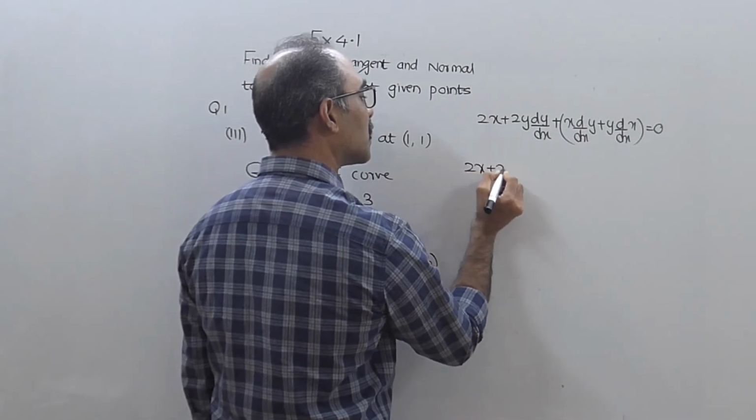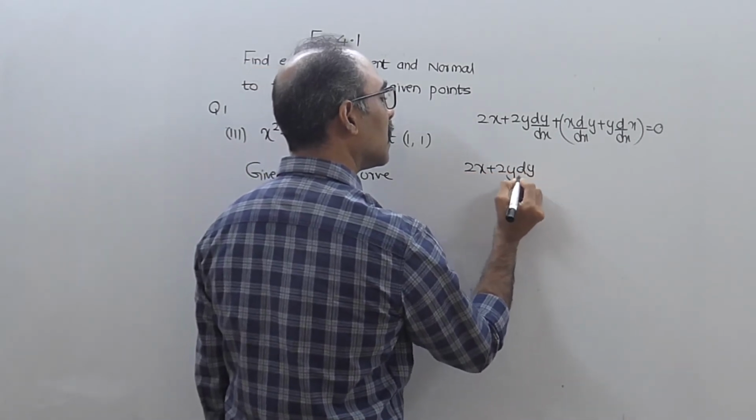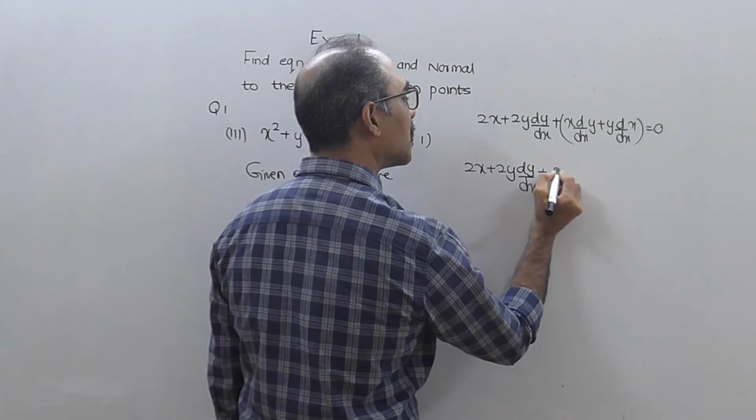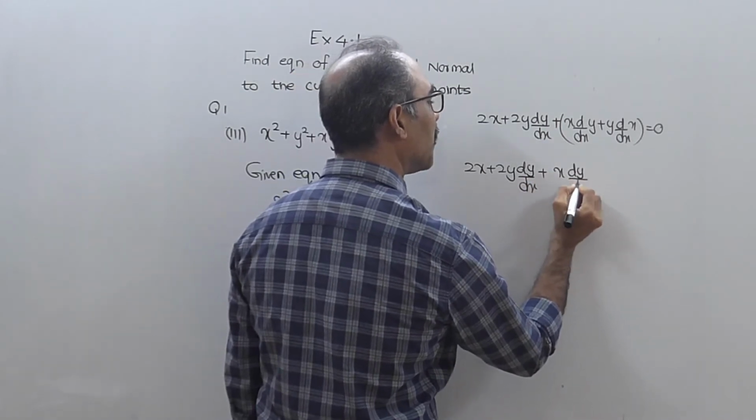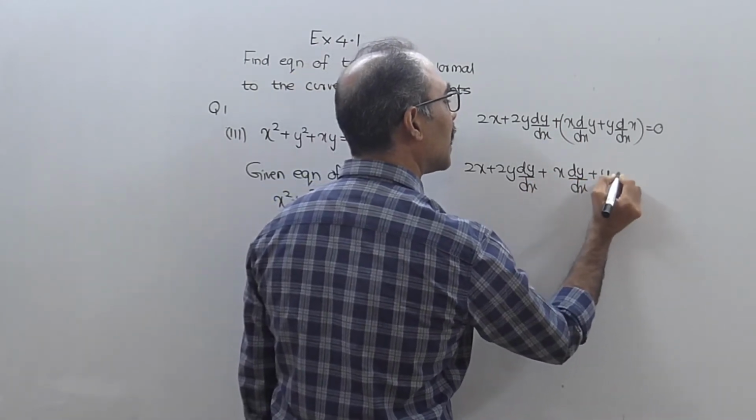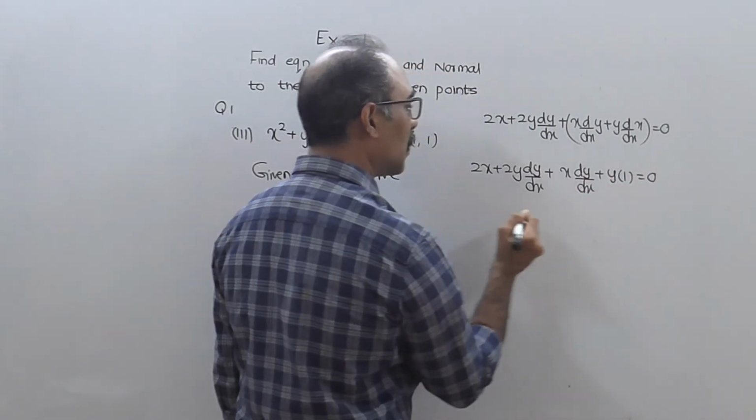So I get 2x plus 2y dy by dx plus x times the derivative of y, which is dy by dx, plus y times the derivative of x, which is 1, equal to 0.